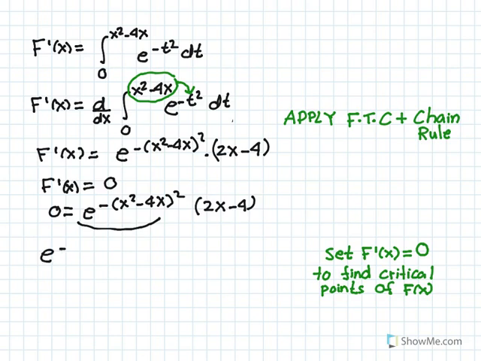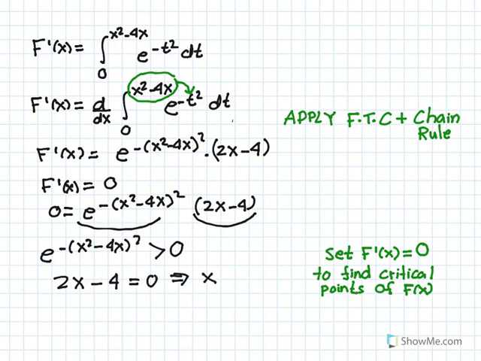So e to the minus (x squared minus 4x) squared is always larger than 0. So that's not going to make any contributions to critical points. So it's sufficient to make 2x minus 4 equal to 0 to find your critical point. 2x minus 4 equals 0 gives us x equals 2. This is a critical point that makes F prime of x equal to 0.